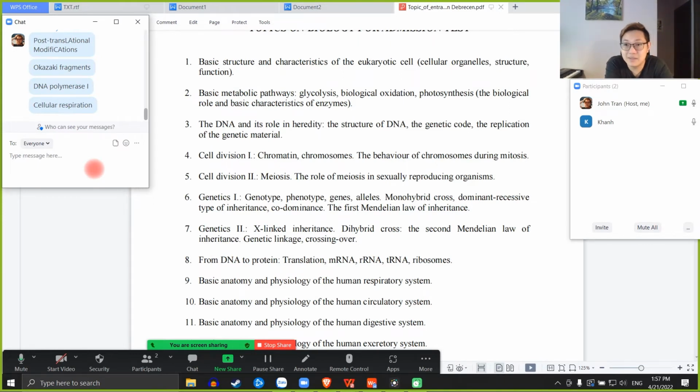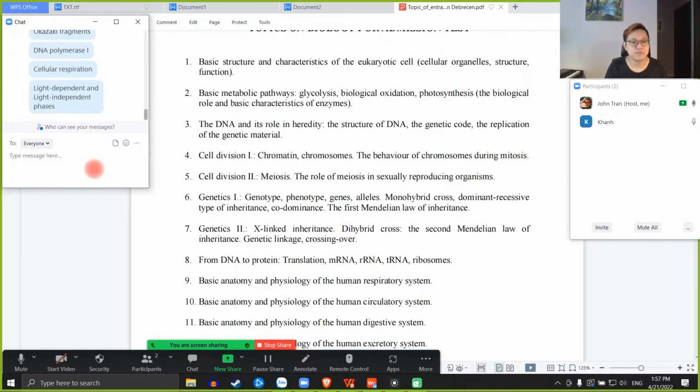Photosynthesis. You need to talk about the light dependent and light independent reactions. Is it phase or reaction? Phase.